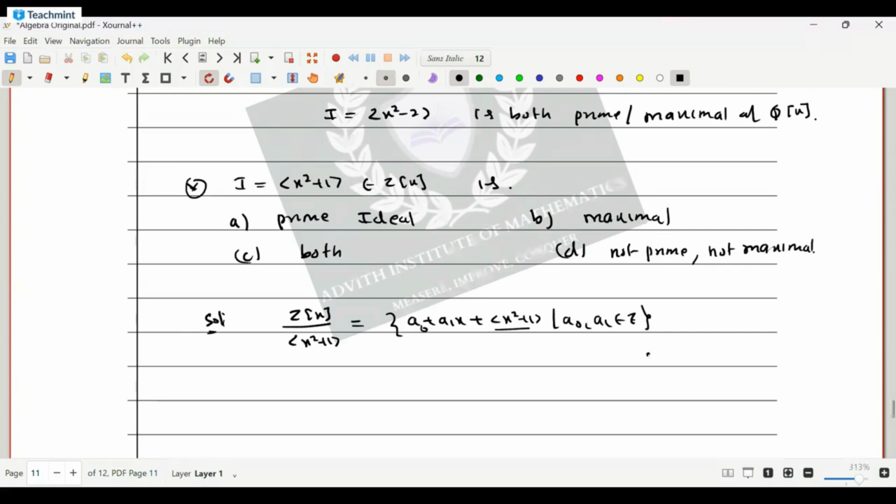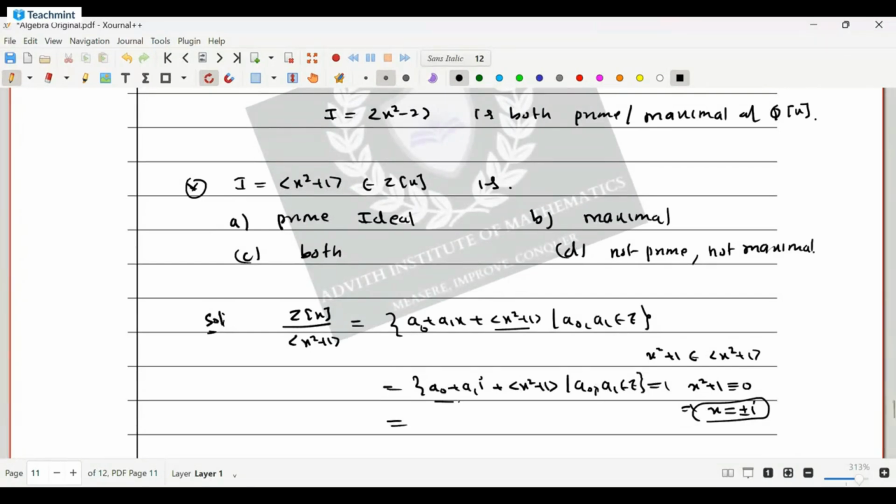So therefore x square plus 1 belongs to the ideal generated by x square plus 1. So that means x square plus 1 is congruent to 0. That means x is equal to plus or minus i. So therefore substitute into this, then you will get a naught plus a1 into i plus the ideal generated by x square plus 1, such that a naught, a1 belong to Z.